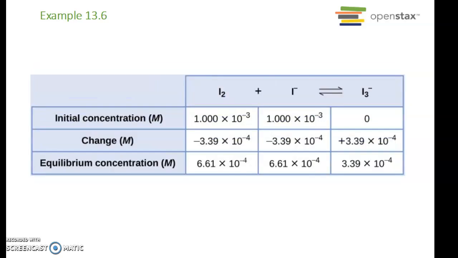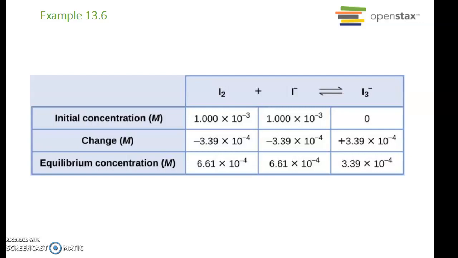So if you have that decrease, a simple subtraction of that number from your initial concentration gives you what the change is. And then you can see both I2 and the iodide ion change by minus 3.39 times 10 to the minus 4, but there's only a plus 3.39 times 10 to the minus 4 for the other one.